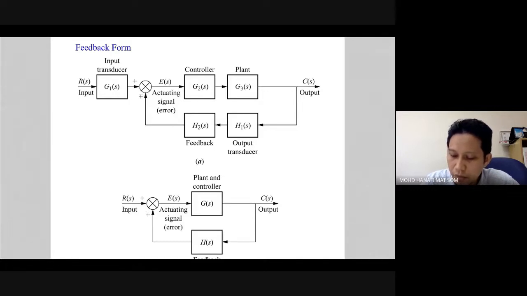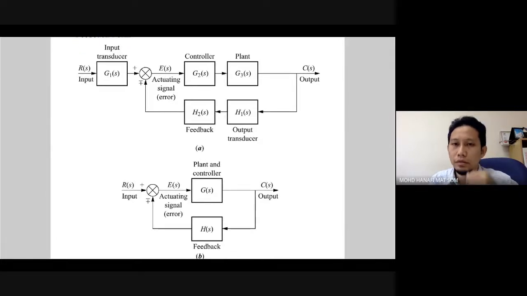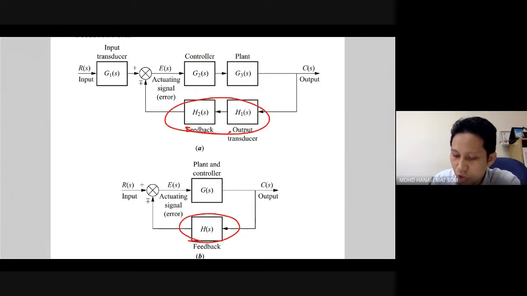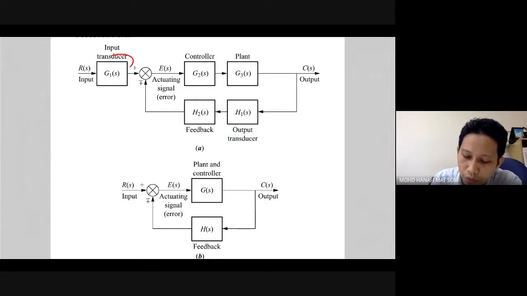In this case, we can simplify this block diagram by using the cascade or series. G2, G3 becomes G(s), and H2 and H1 become H. Actually we can move the input transducer inside, so only the input is left outside.